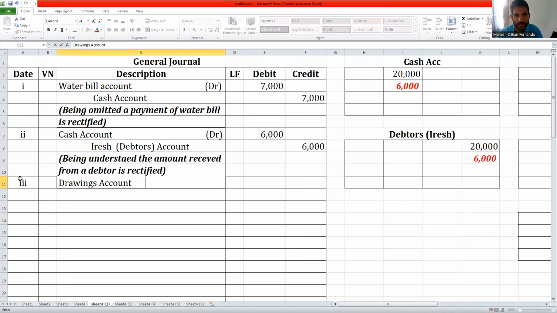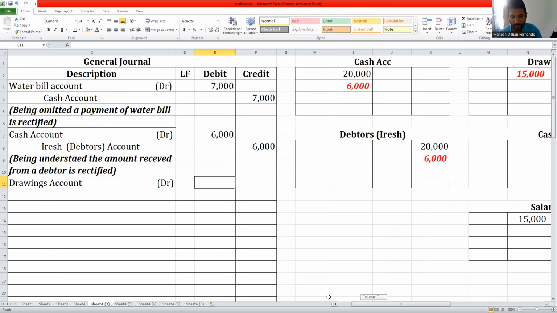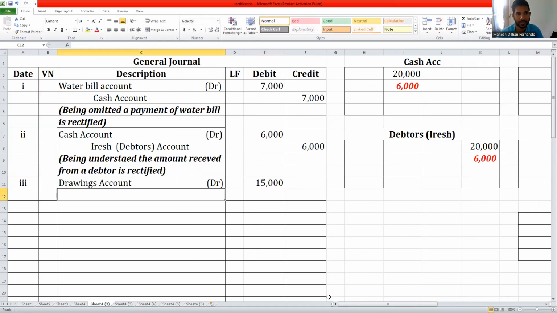Drawings account debit 15,000. Cash account credit 15,000.